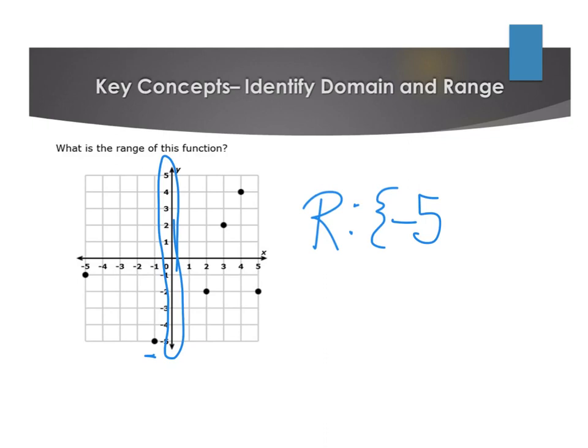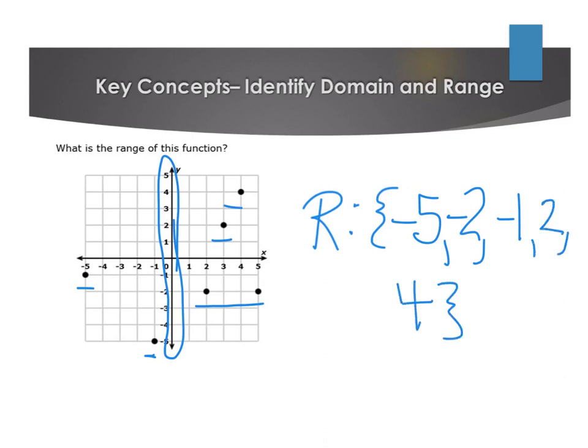I come up, I have 2 at -2, but I only have to put it once. -1, 2, and then 4. So those numbers are the range of this function. If they asked me for the domain, I would have given them the same numbers but along the x-axis.